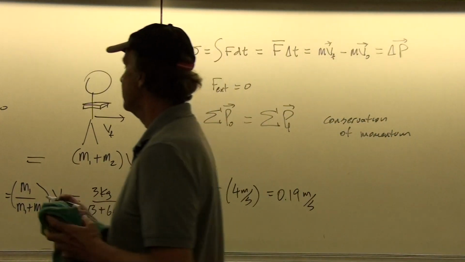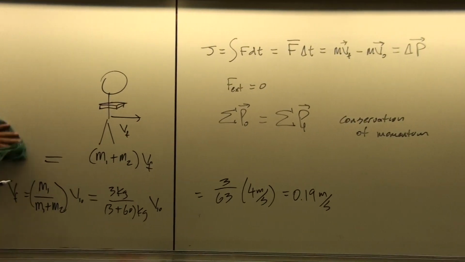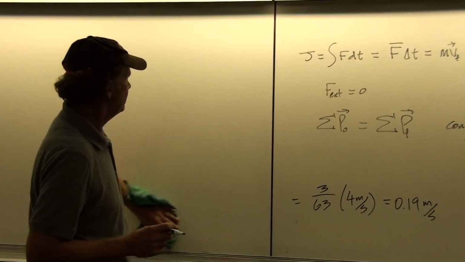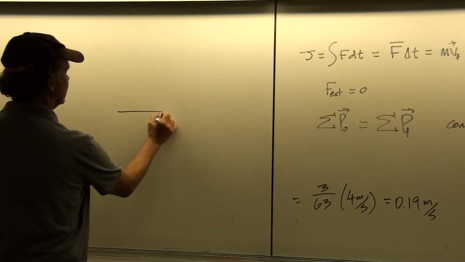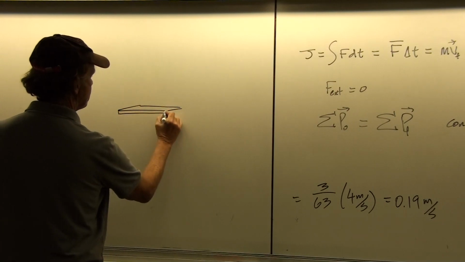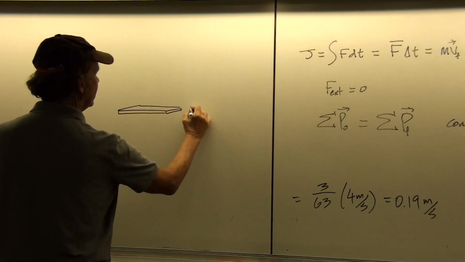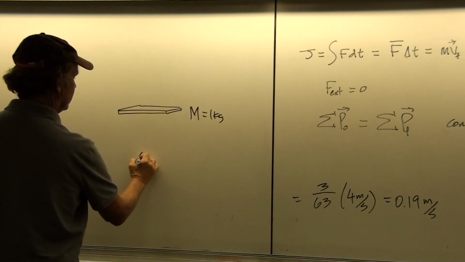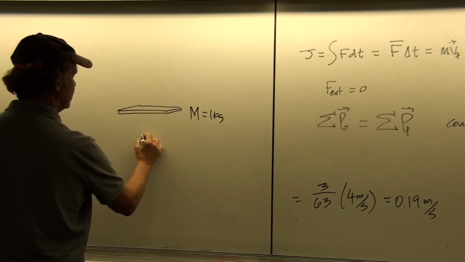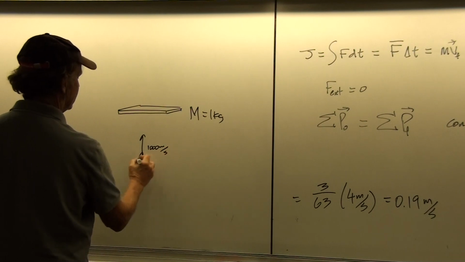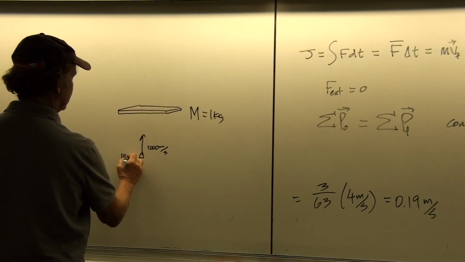Here's another example I wanted to look at. Let's say that we have a bullet that's fired through a metal plate. So let's say the metal plate is sitting here maybe on a table or something. And the metal plate has a big mass, m, equal to 1 kilogram. We have a little bullet that is moving with a velocity of 1,000 meters per second and is just a 10-gram bullet.